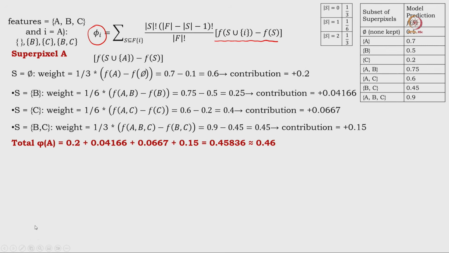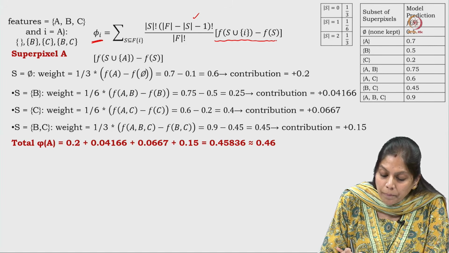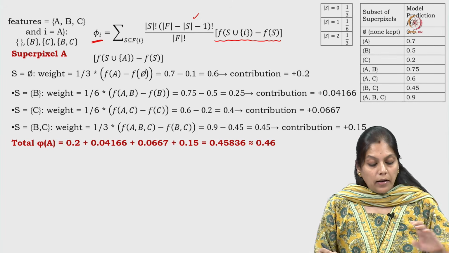Now, let us understand the most important concept here, that is calculating the SHAP values. Now, we need to calculate this. We have calculated this part from the previous step. Now, we have to focus on this. What exactly are we considering?